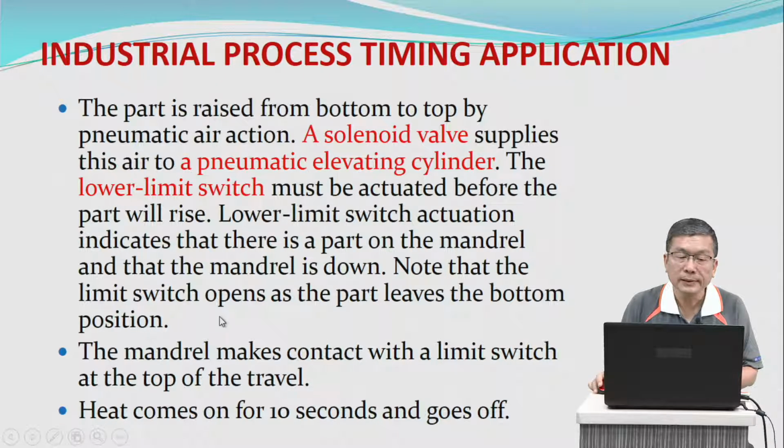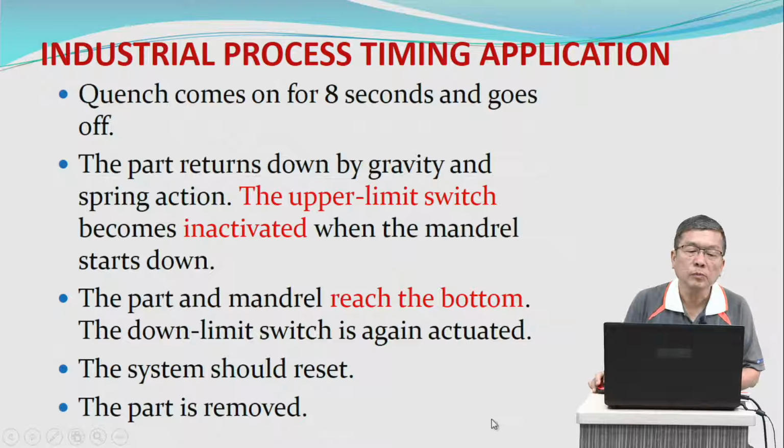Note that the limit switch opens as the part leaves the bottom position. The mandrel makes contact with the limit switch at the top of the travel. Heat comes on for 10 seconds and goes off. Quench comes on for 8 seconds and goes off.